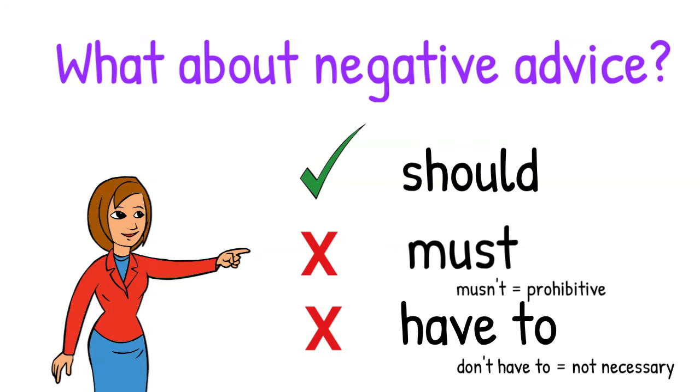So if you use shouldn't for negative advice, that's correct. But you can't use mustn't because mustn't, when it's negative, is prohibitive, it means you can't do that. And you can't use don't have to because that means not necessary. You're not obligated to do it. You don't have to do it.